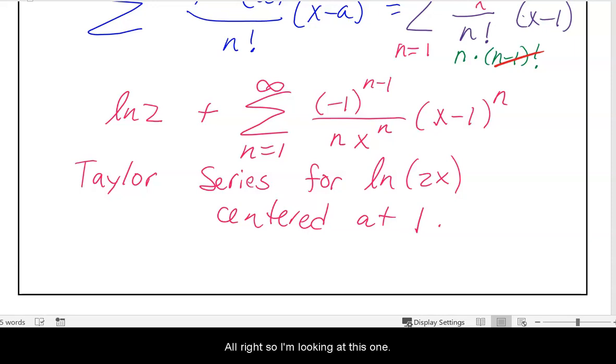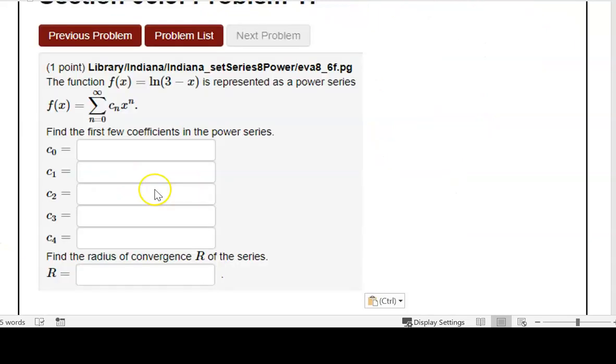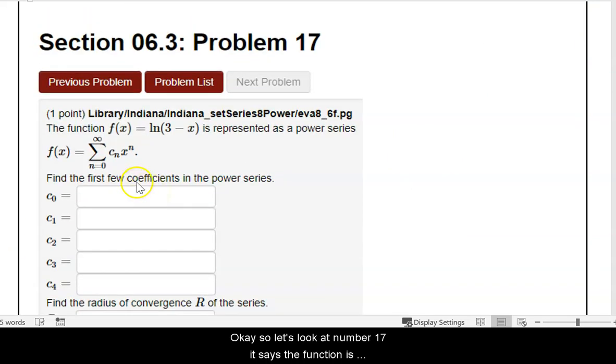All right, so I'm looking at this one. So 17 is another natural log problem. Okay, so let's look at number 17.